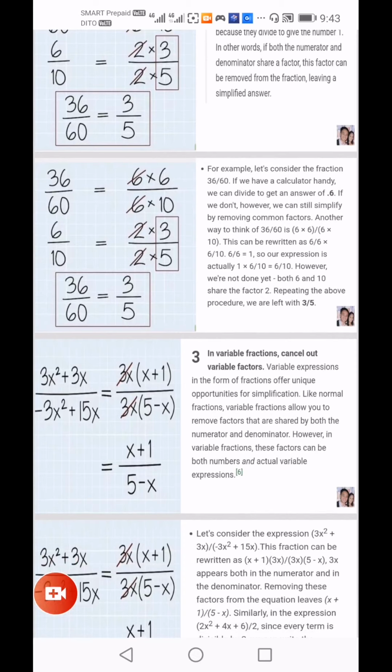This can be rewritten as 6 over 6 times 6 over 10. 6 over 6 equals 1. So our expression is actually 1 times 6 over 10, which equals 6 over 10. However, we're not done yet. Both 6 and 10 share the factor 2. Repeating the above procedure, we are left with 3 over 5.